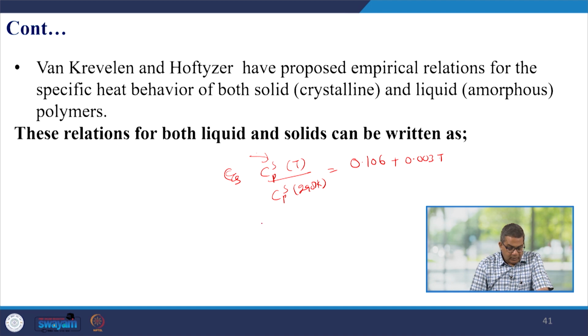Now, if we take the liquid segment into consideration, then Cp,l(T)/Cp,l(298) = 0.64 + 0.0012 T. This is for the liquid.